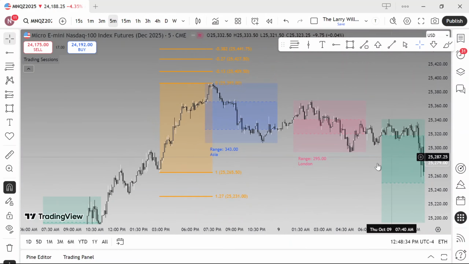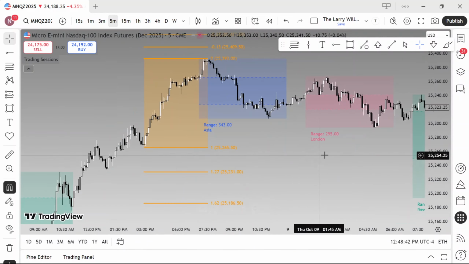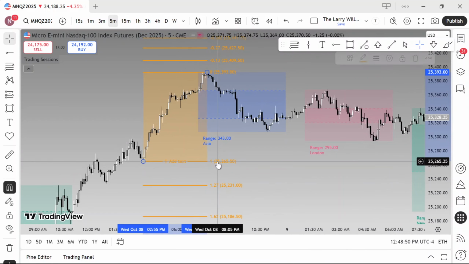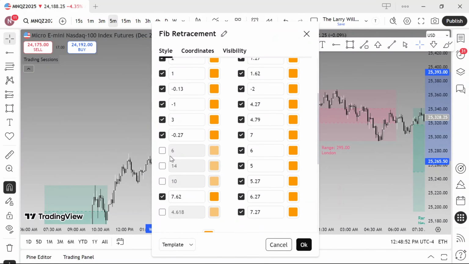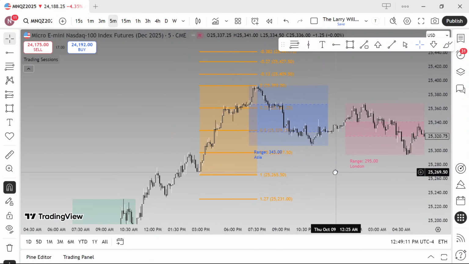Because the Asia, for me, I start tracking it from 7 p.m. to 12 a.m. So, again, compared to the day so far, we have a pretty large range. So I'll put on the quadrant levels again. And this is the same way I would do it moving forward, right?